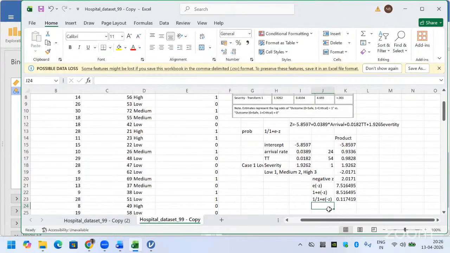So this is 0.11. In the last step I also mentioned, if this value is less than 0.5, I'll make it 0. If this value is more than 0.5, I'll make it 1.